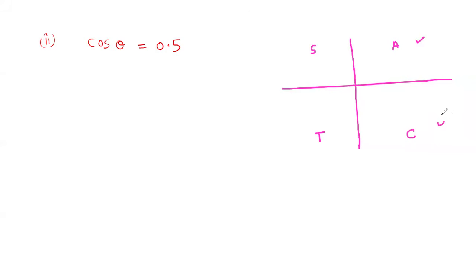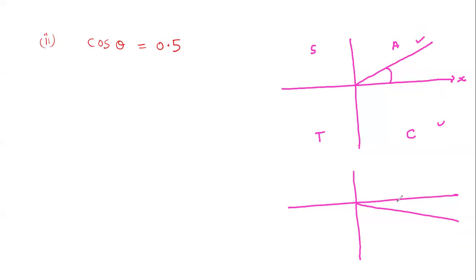Then you need to know your reference angles. In the first quadrant, my reference angle is always here, very close to the x-axis. In the last quadrant where cos is positive, the nearest angle to my axis is here, and this is where my reference angle is going to be.